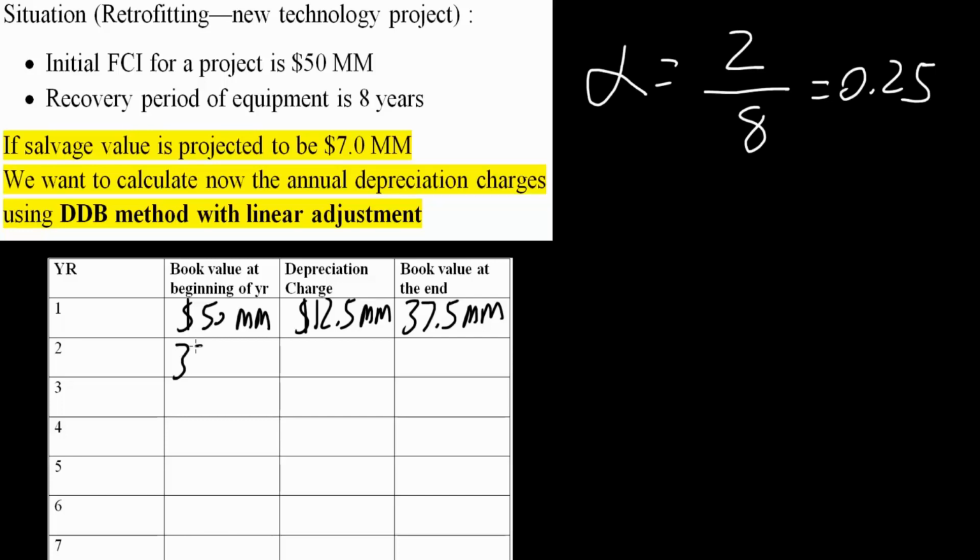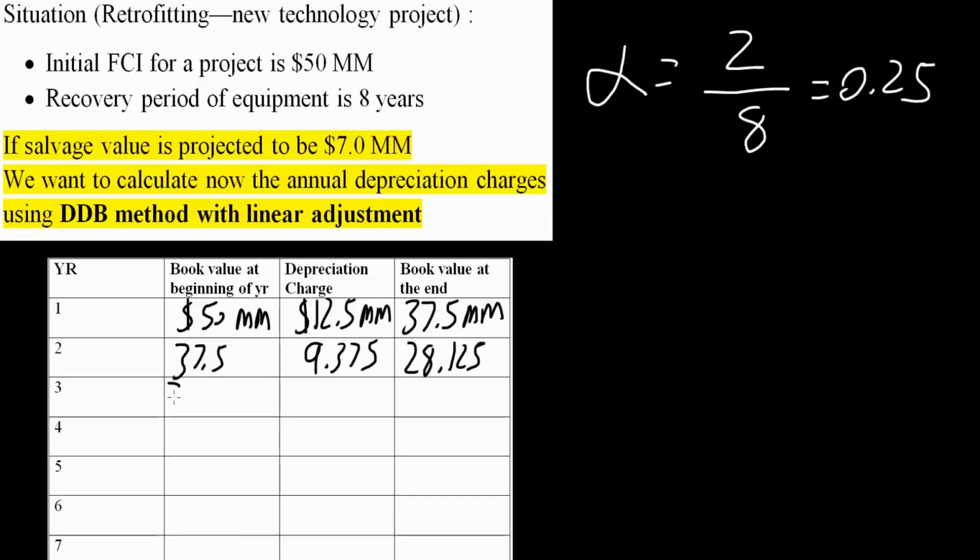So now we carry the 37.5 into year 2 for the book value at the beginning of the year, 37.5. And it's all millions, millions, millions. So now you say 37.5 times 0.25, and we would get 9.375, and 37.5 minus 9.375, we would get 28.125.